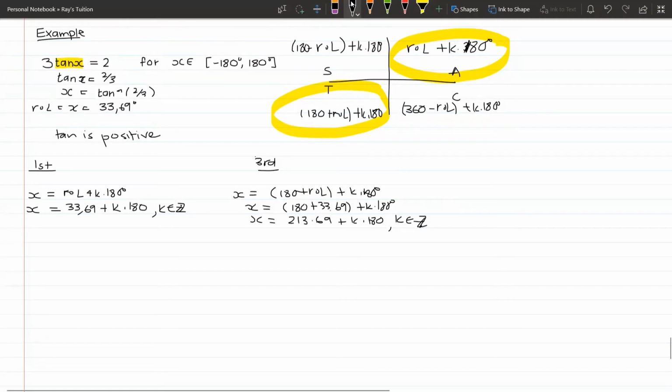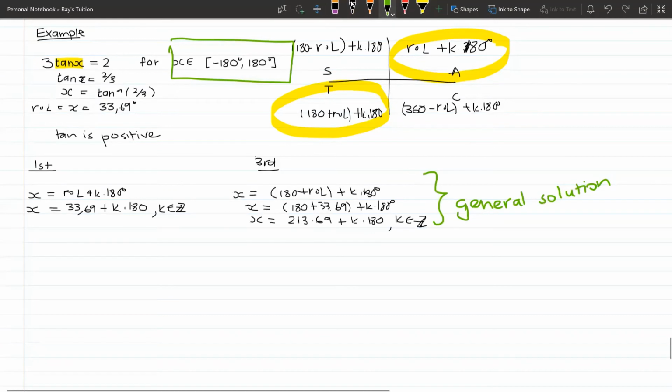So what we've got is the general solution. And what we would now like to do is find the specific solution, which is the values that lie between minus 180 and 180. So I'm going to substitute different values for k.